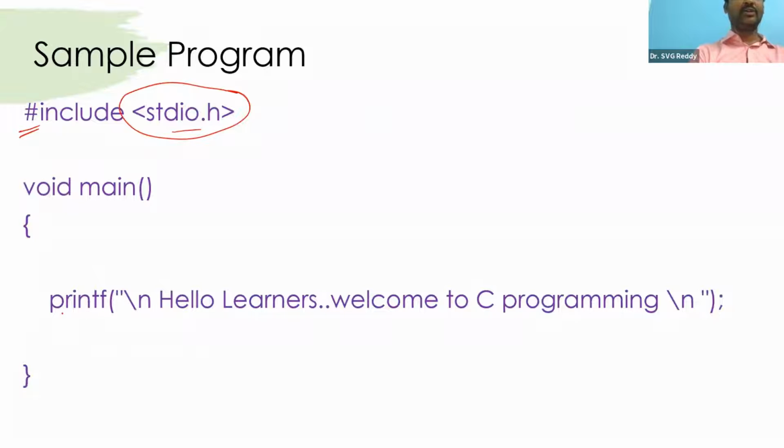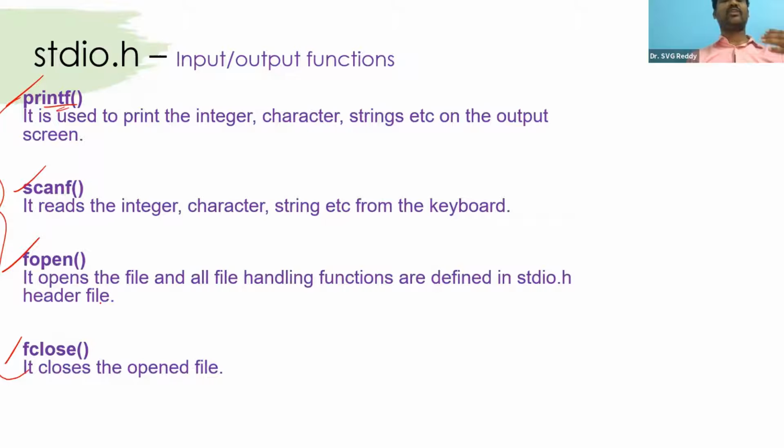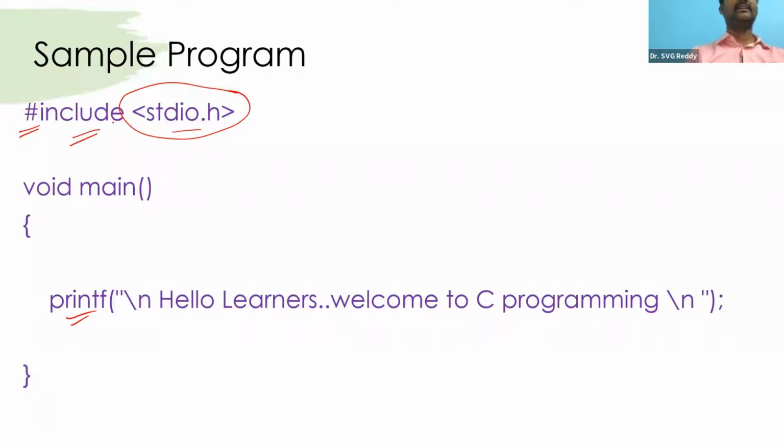If I use printf, the processor should load the function printf, so that it works for us. So stdio.h loads a lot of various IO related functions which come under stdio.h. They will be included in our sample program. All the functions are loaded here. That is something about your header file.